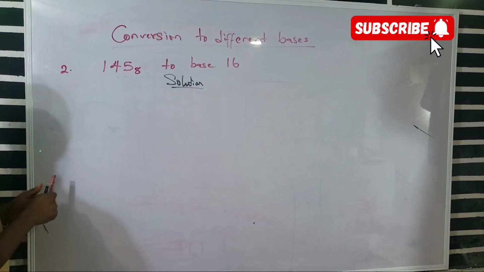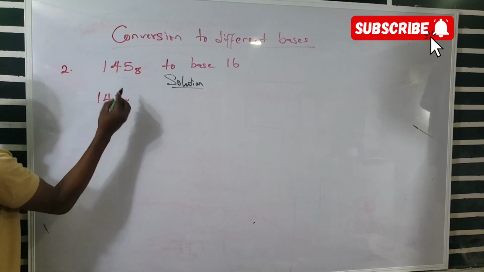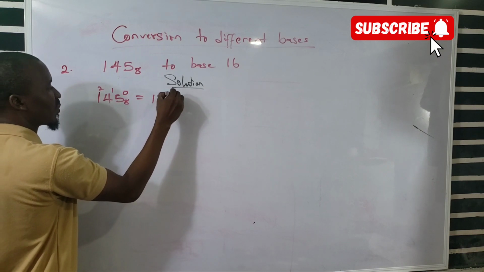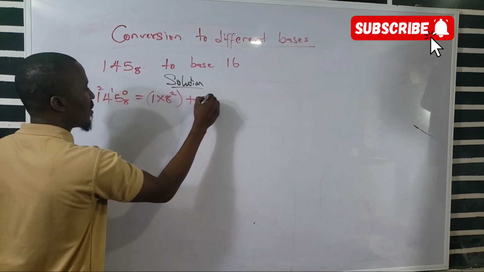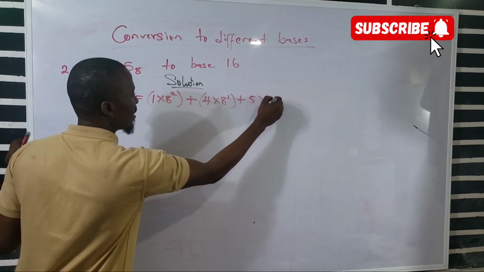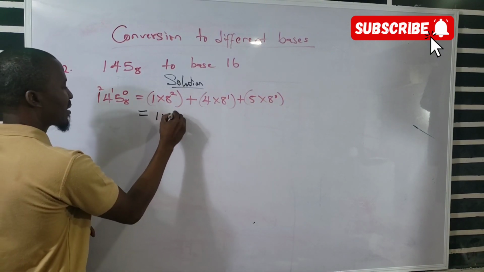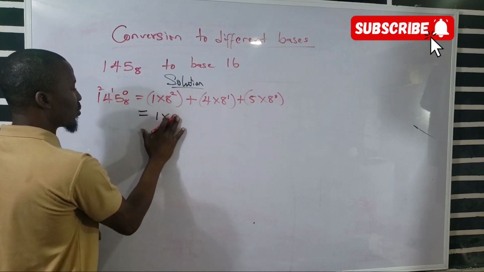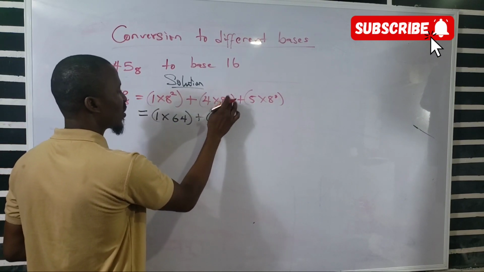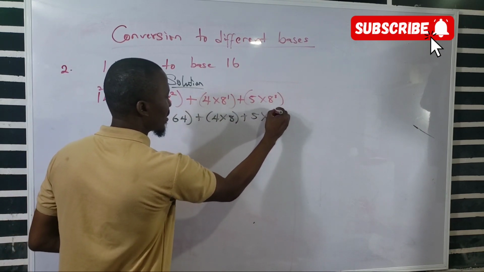145 base 8. You put your index 0, 1, and 2. So that will give us 1 times 8 raised to power 2 plus 4 times 8 raised to power 1 plus 5 times 8 raised to power 0. 8 raised to power 2 will give us 64, 8 raised to power 1 will give us 8, and 8 raised to power 0 will give us 1.